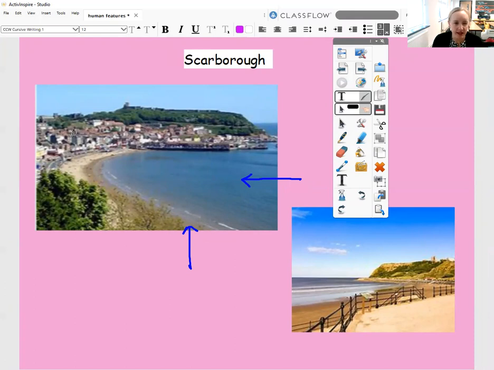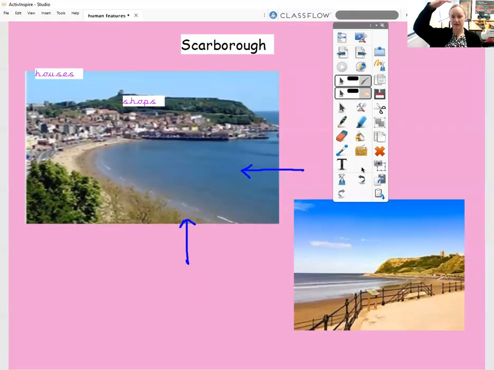I can see lots of houses, and I can also see lots of shops. Now I can't see any high-rise buildings or a cathedral. So at the moment, I don't think Scarborough is a city, but I want you to explore that a little bit more for me and let me know how you get on.